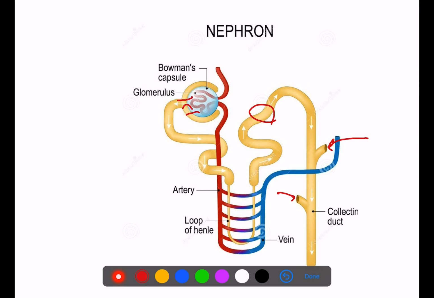The filtration of blood occurs within the glomerulus. We now talk about physiological function. The filtration of blood occurs within the glomerulus and Bowman capsule.